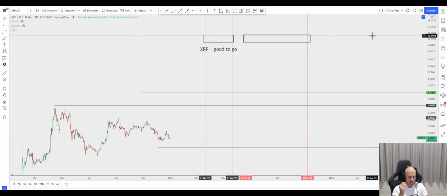So what we have to figure out right here, folks, is when the Fed will raise rates. I think it is going to be March. The second thing, how high XRP can go following Bitcoin.